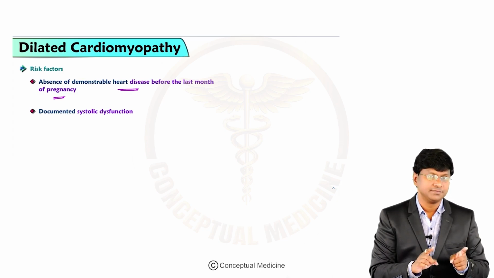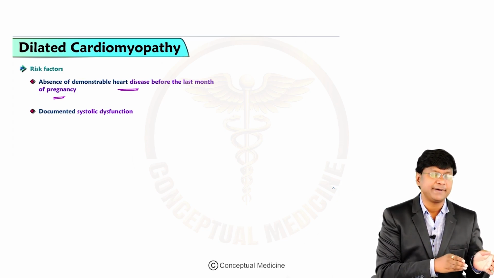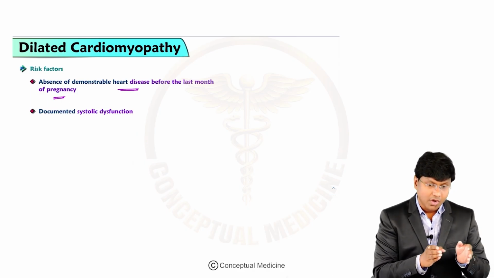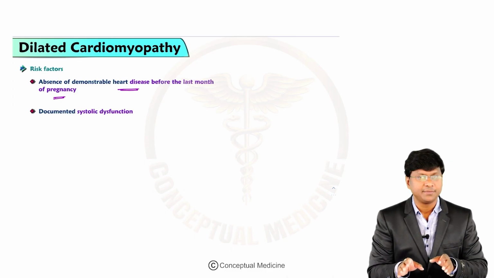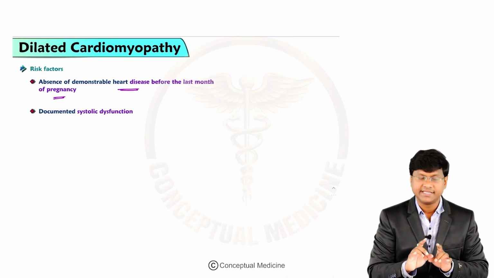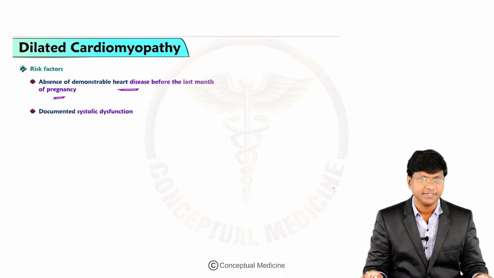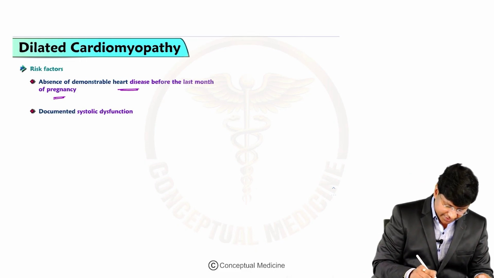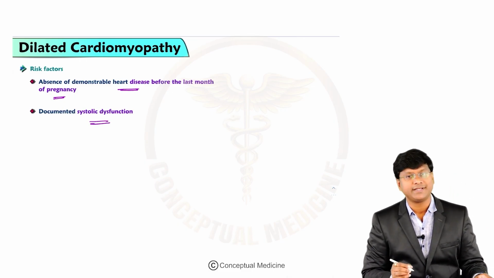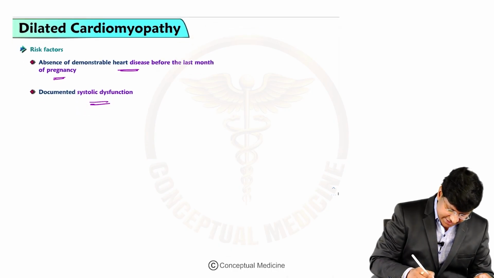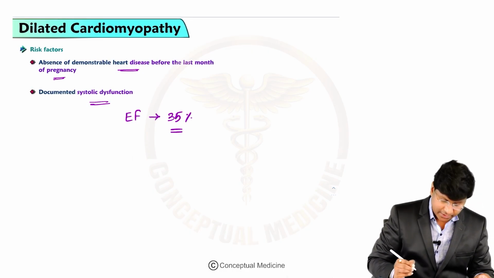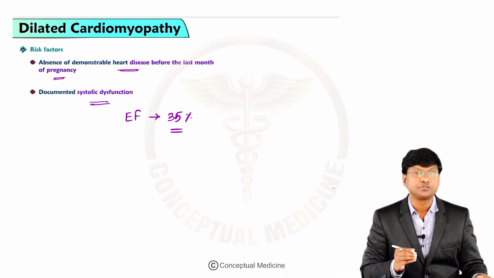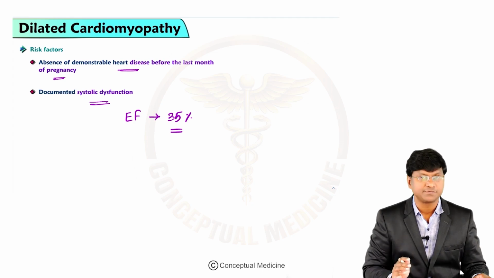If there is such a history and she now lands up in dilated cardiomyopathy in pregnancy, then it is not called peripartum cardiomyopathy. Another important thing is that there should be a documented systolic dysfunction, with ejection fraction around 35%.